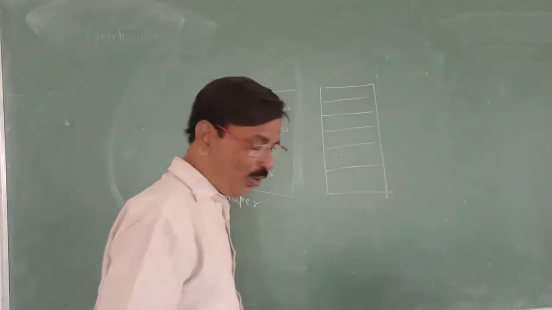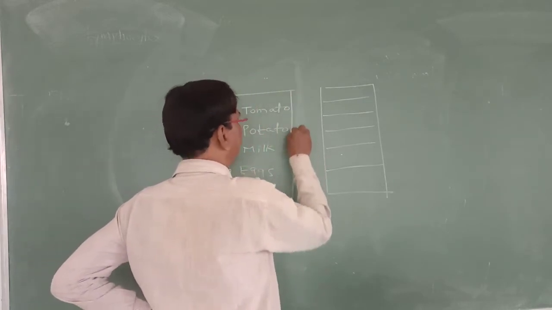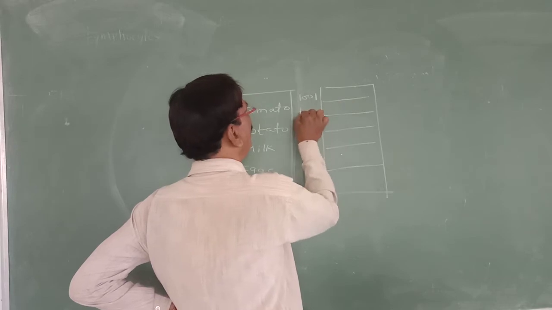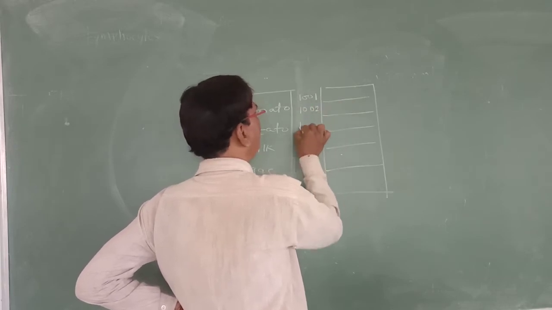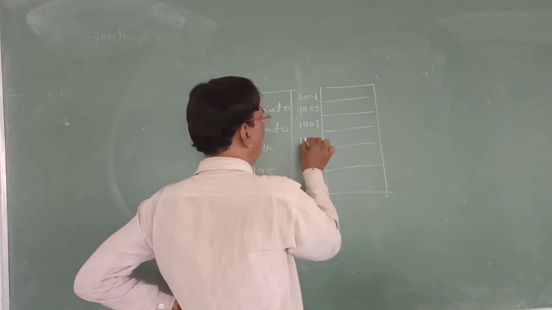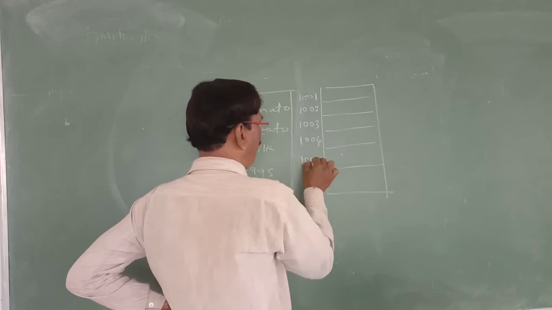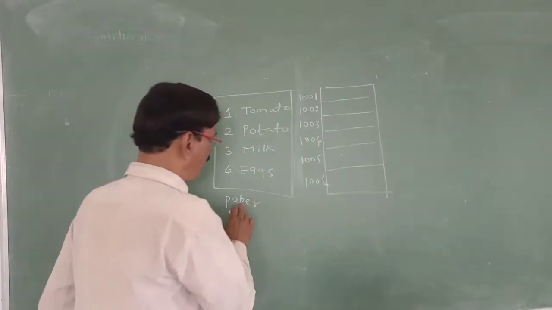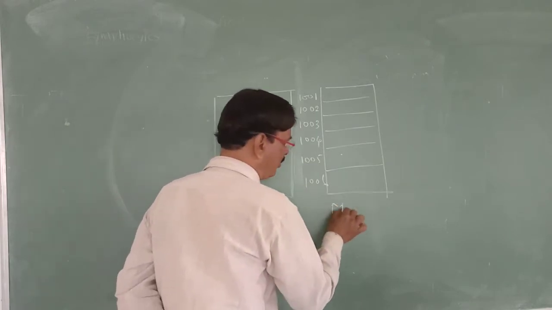So every memory location has an address. Suppose 1001 is the address of this memory location, 1002 is the address of this memory location, then 3, 4, 5, 6. So this is on plain paper and this is computer's memory.